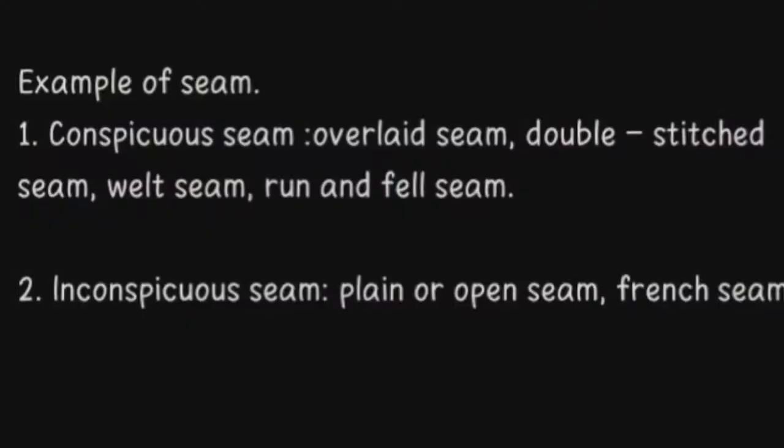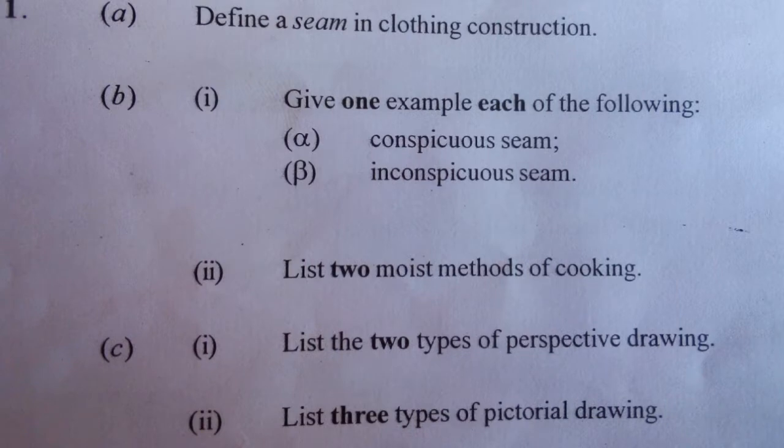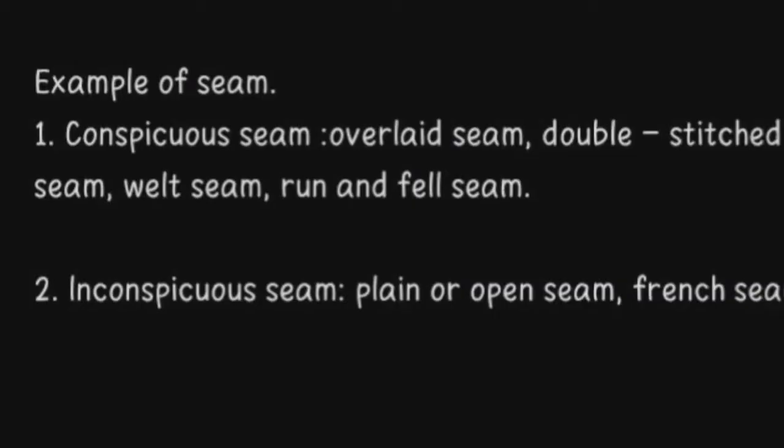You have the overlaid seam, double stitch seam, welt seam, run and fell seam. B. Inconspicuous seam. We have the plain or open seam, and we have the French seam.